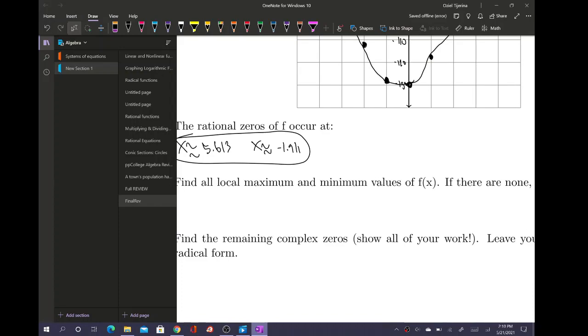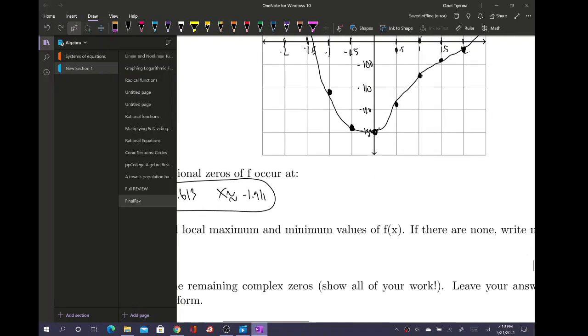Now, for the local maximum and minimum values of f of x, let's see here. Local maximum and minimum.